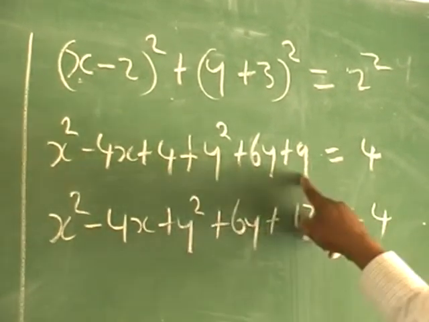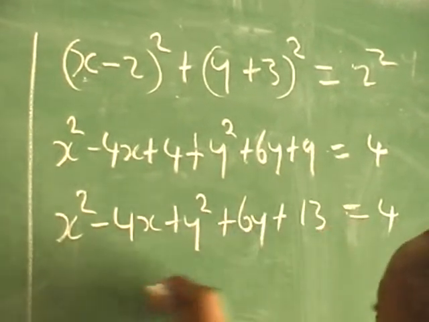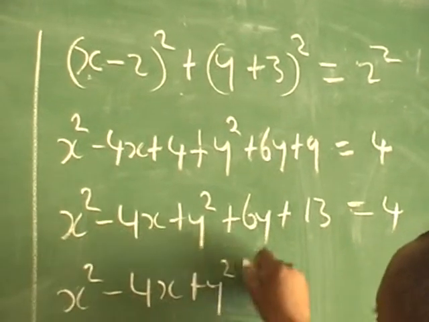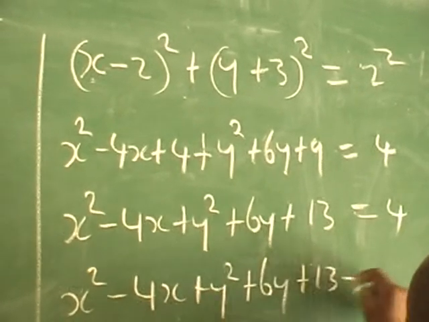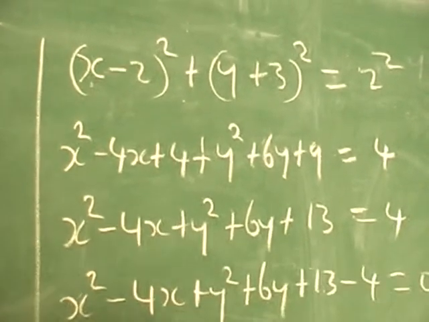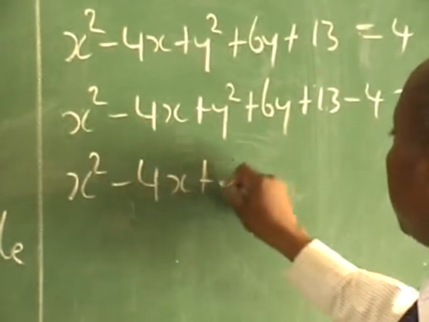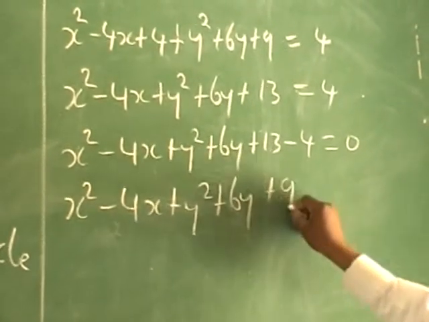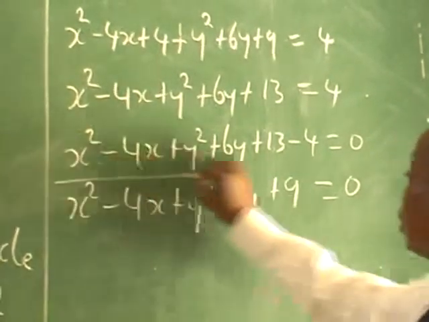It is 13 because of 9 and 4. So if I bring this over, I'll have x squared minus 4x plus y squared plus 6y plus 13 minus 4 is equal to 0. So what that means is that x squared minus 4x plus y squared plus 6y plus 9 will be equal to 0. So this is the required equation.